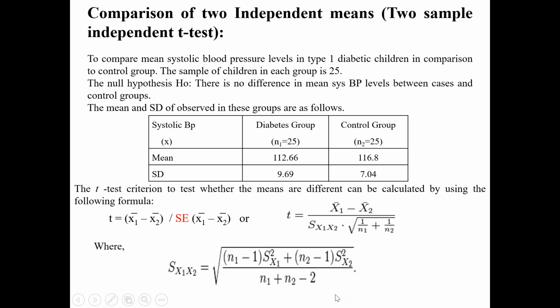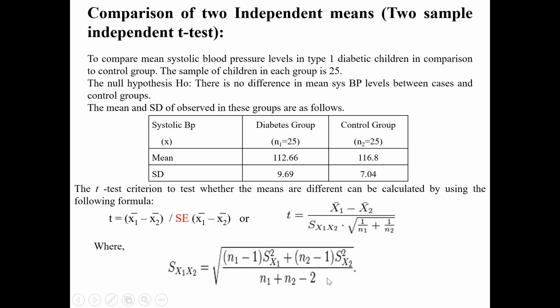Now, the degree of freedom whenever two independent samples are given is n1 plus n2 minus 2. In the previous example, only one sample was there, so n minus 1. Here two samples are there, so n1 plus n2 minus 2. All right, so this is the degree of freedom.